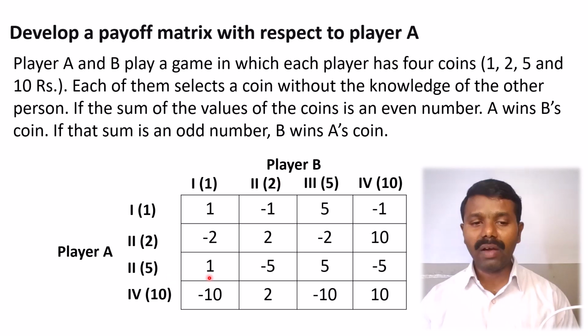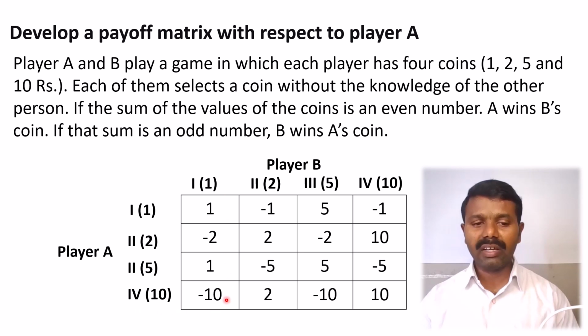Here 5 plus 2 is 7 rupees, which is an odd number, so he will be losing 5 rupees, minus 5. And 5 plus 5 is 10 rupees, an even number, so he will be gaining 5 rupees. And 10 plus 5 is 15 rupees, an odd number, so player A is losing 5 rupees, minus 5. Finally he is selecting 10 rupees.